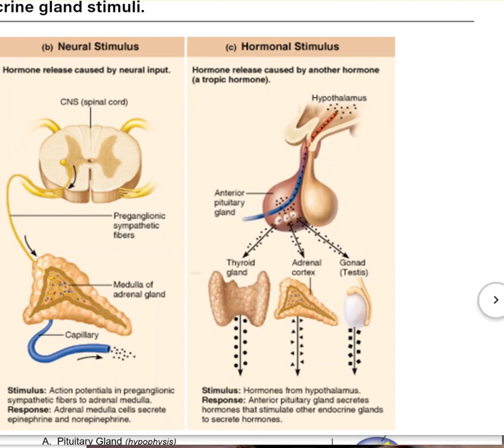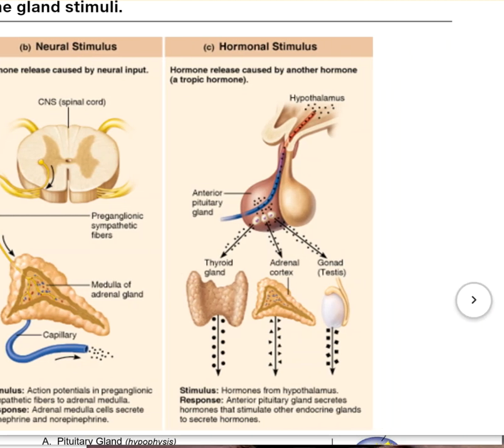The third one, hormonal stimulus. So one hormone's released, and that released hormone goes to a gland and tells that gland to do something. So the example here is there are releasing hormones that come from the hypothalamus. They go out into the pituitary gland, and the pituitary gland sends hormones that go stimulate glands, and then those glands release hormones.